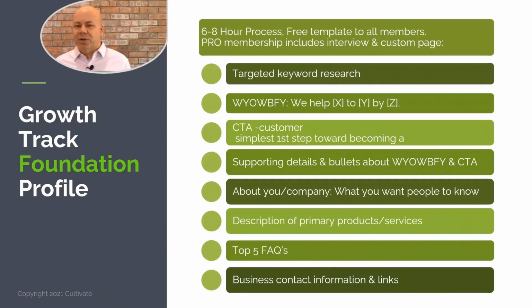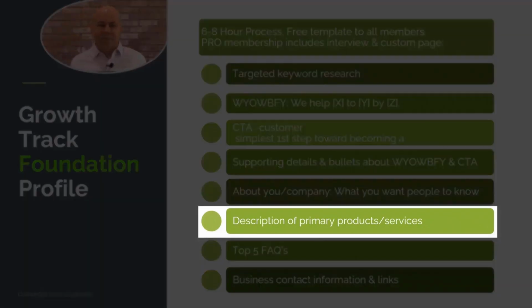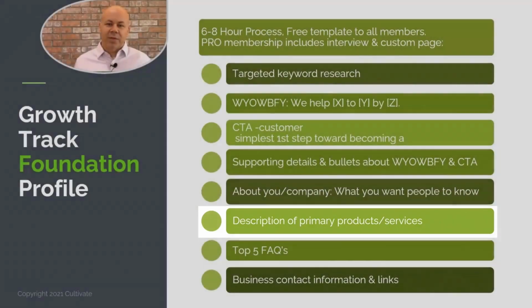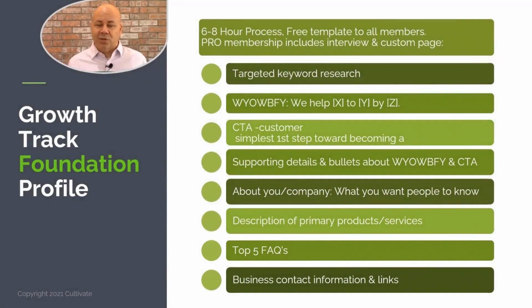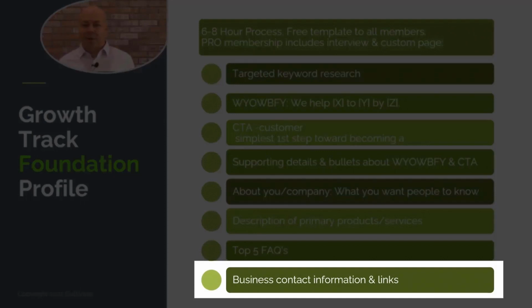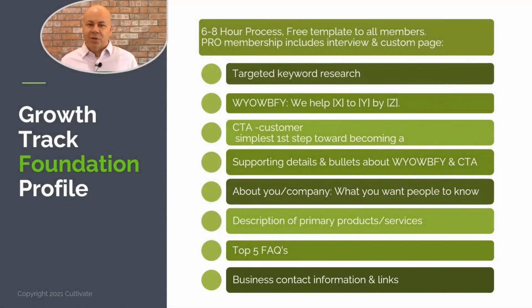Write a description of your primary products and services. Develop a list of frequently asked questions. You're going to come up with that initial list, but we can help you to professionally write the question and the answer for your site. And then obviously we want to make sure we have good business contact information and links, so you have this in a way that you can use consistently everywhere you're going to use this on the web.